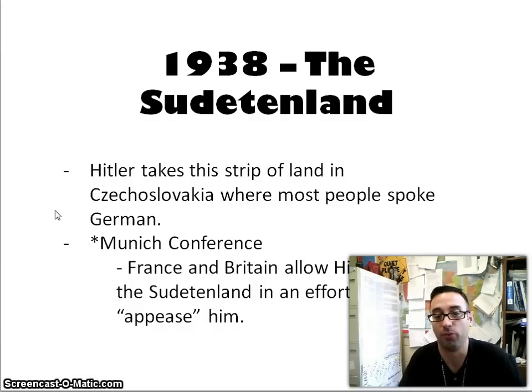They allow him to take the Sudetenland, and this is usually known in history as appeasement. Munich, in and of itself, has become a word that means appeasement, or just sort of giving up and letting someone get their way. In this case, Hitler got his way.